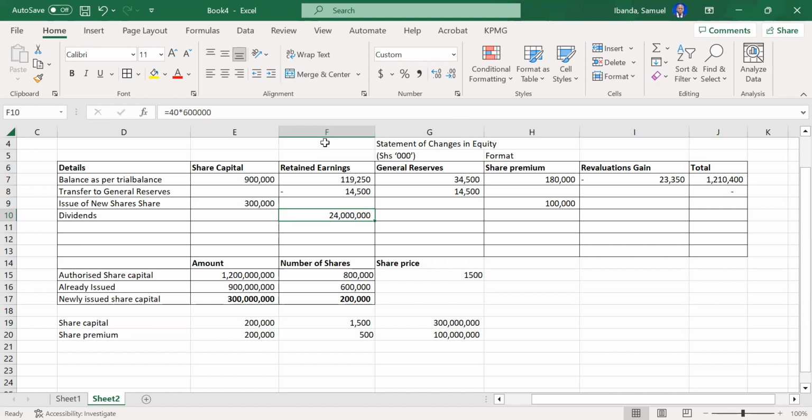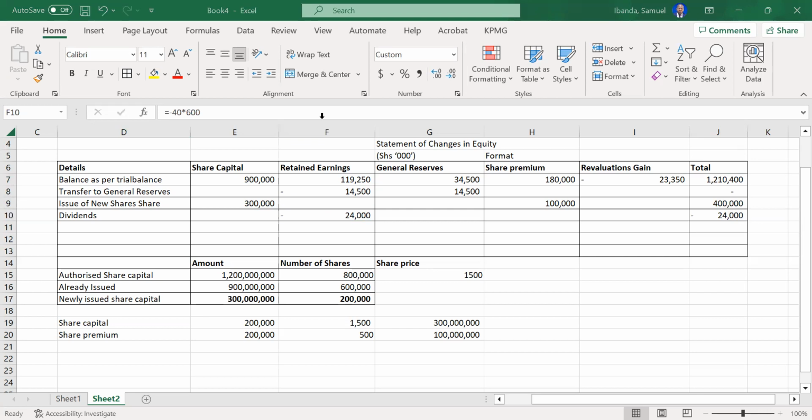But since we are now dealing with thousands, we shall remove the 3 zeros and you have 24,000. And this would be a negative, since dividends are issued from your retained earnings, okay? So this is how the dividends will appear. Remember your totals here, make sure that you have your totals right there. So that's how the dividends come here.